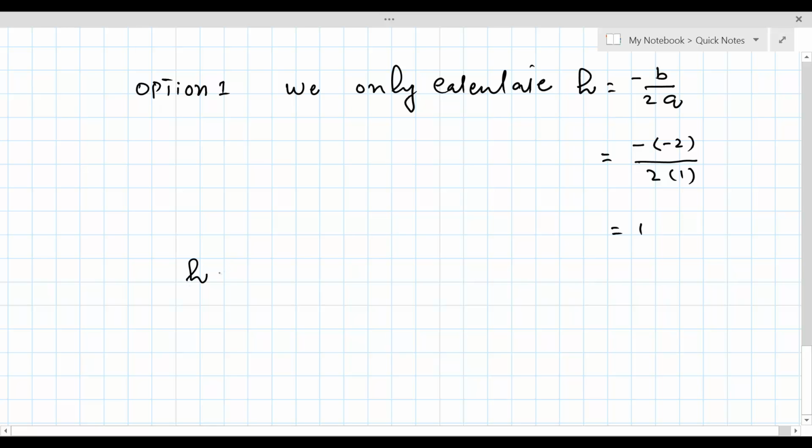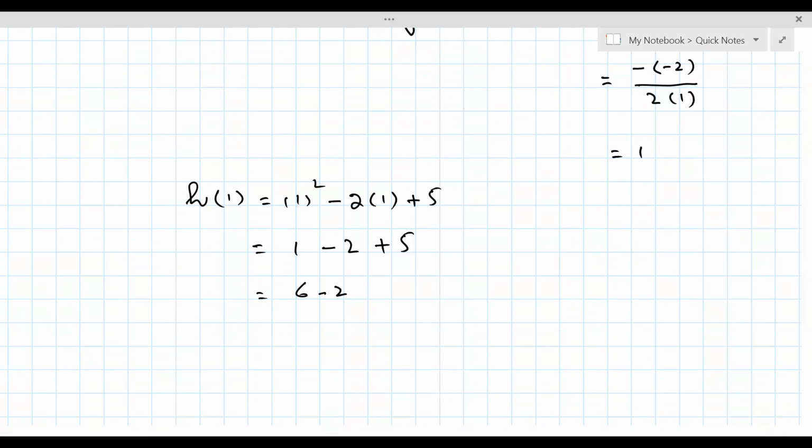the value of the function. The value of the function at 1 is equal to x squared, meaning 1 squared minus 2 times 1 plus 5. And this is 1 minus 2 plus 5, and that is equal to 6 minus 2. This is equal to 4.